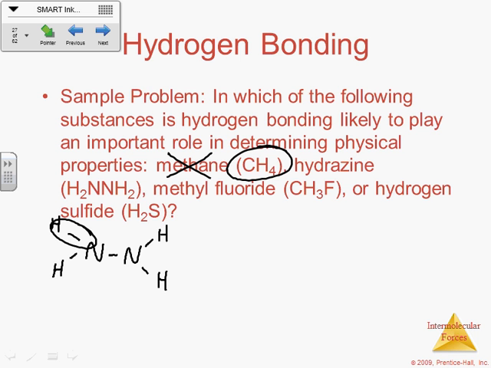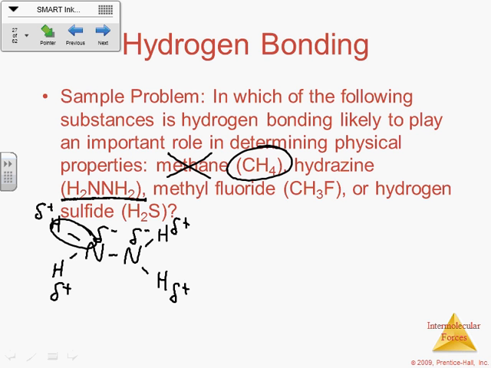So this is a good candidate for hydrogen bonding. You have to have a hydrogen connected to a nitrogen, an oxygen, or a fluorine. So you get another one of these molecules in here. This is going to have a very partial negative, partial positive, and same on this side. So there are a lot of potential places where this could do some hydrogen bonding. That's a good example of one that would have some hydrogen bonding in it.